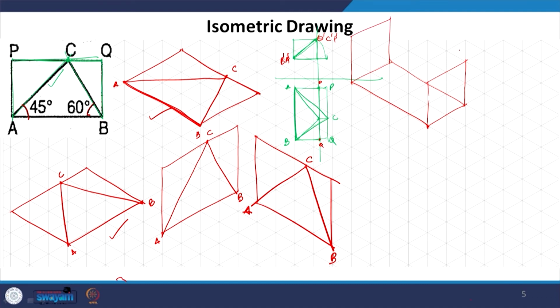Now, we still do not have the triangle, we will actually arrive at A, B, Q, P. This is the reference rectangle which is containing this C point. Okay. And now, we will mark this point C here, whatever this distance is. So, we know this. So, this C will be marked here and now we will join. Anything that we are going to draw in isometric projection is what we are going to see here.